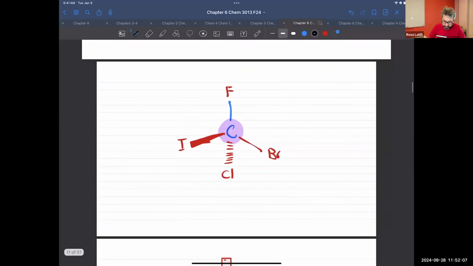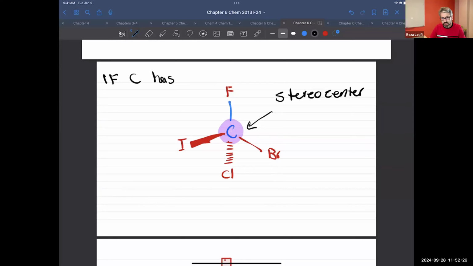Let's zoom in on this. If a carbon has four different substituents, in that case you're going to have a stereo center. What does it mean? That your molecule will be chiral.